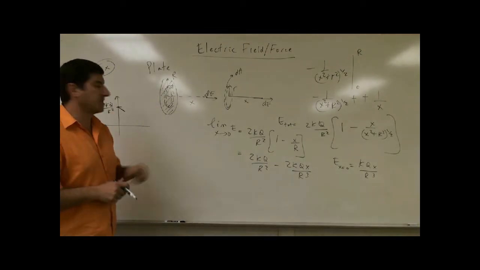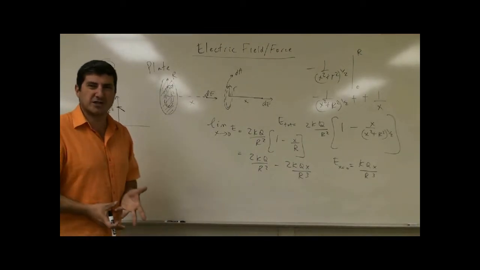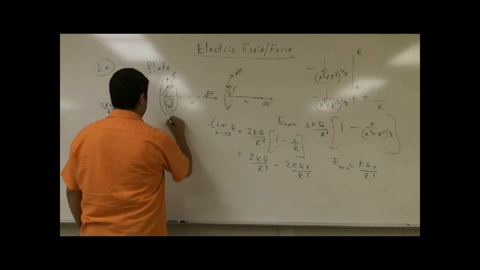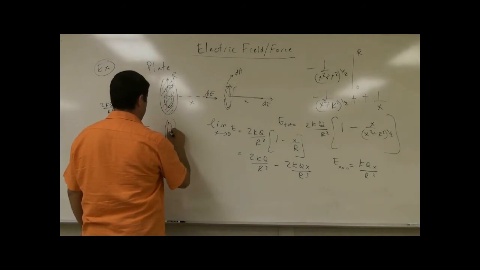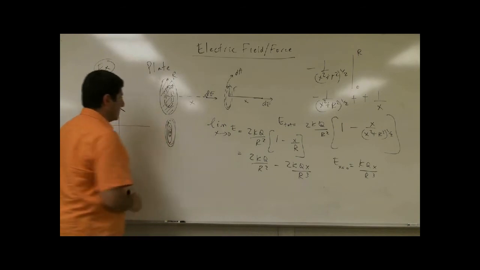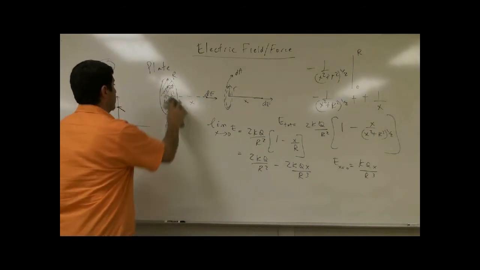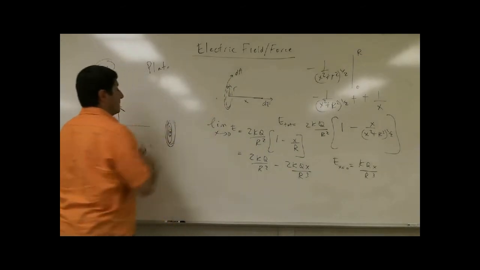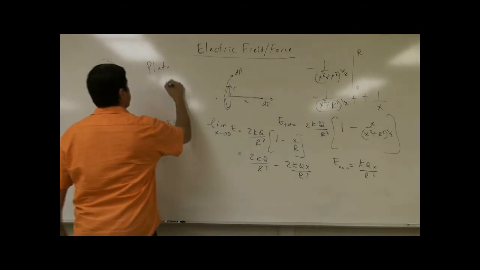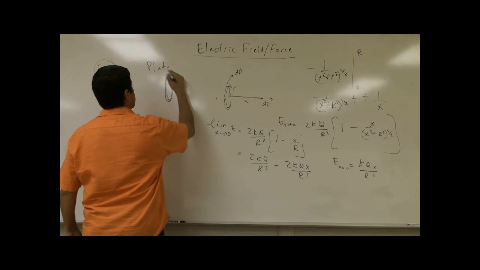Well, that's because the plate is made up of a bunch of rings, right? So you basically have a ring here, a ring here, a ring here, a ring here, a ring here. For a single ring, the electric field configuration looks like this.